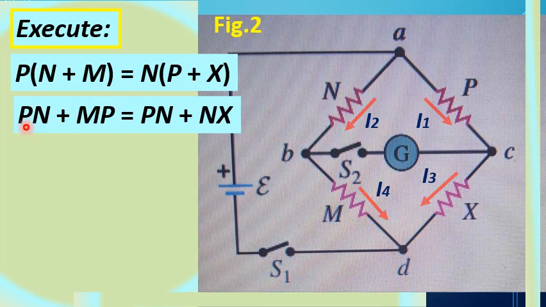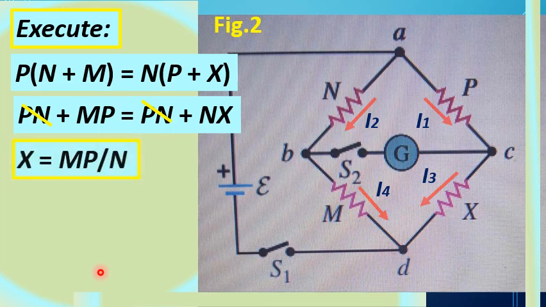So we get this: the product of resistances P and N plus the product of the resistances M and P is just equal to the product of the resistances P and N plus the product of the resistances N and X. And canceling or eliminating P times N, we will arrive at this working formula for the unknown resistance X. So that is, X is just equal to the product of resistance M and resistance P divided by resistance N. So that is our answer to question letter A.